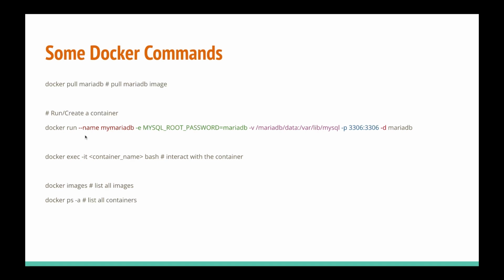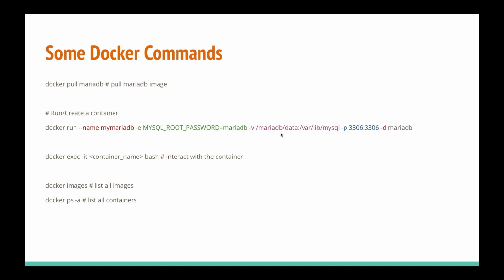Now that we have the image, if we want to create a container from that image, we can use this command. docker run --name. The name of the container is different from the name of the image; it is an actual executable container. -e followed by some environment variables. Here we are setting the root password of that MariaDB instance. -v to set some volumes.